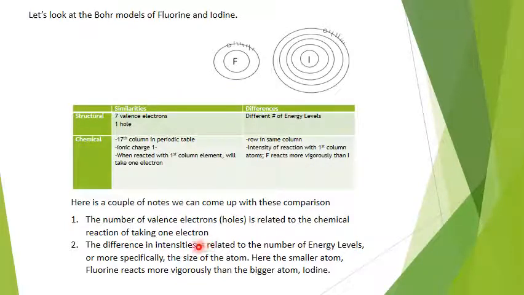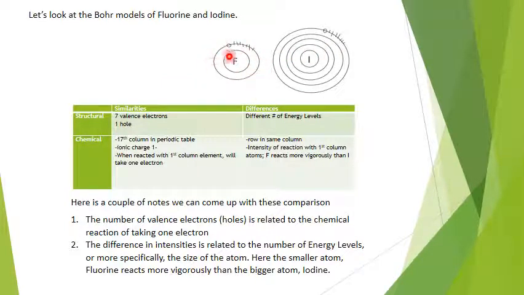The difference in intensities of how they react is related to how many energy levels they have, or more specifically, the size of the atom. The smaller atom, fluorine in this case, is more vigorous in the chemical reaction than iodine. Now we're going to see that's not always the case, that the smaller atom reacts vigorously, but in particular it is true with nonmetals, and we'll talk about that.